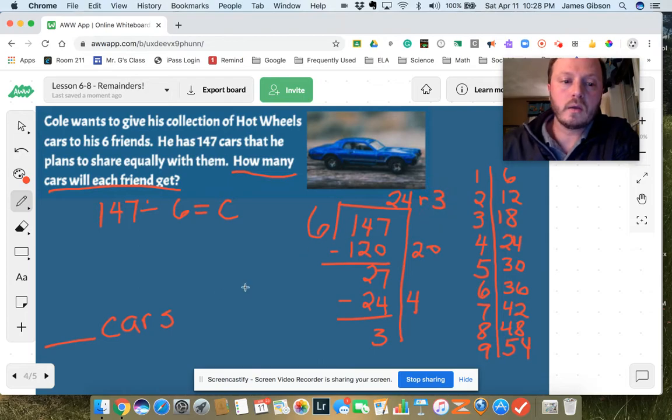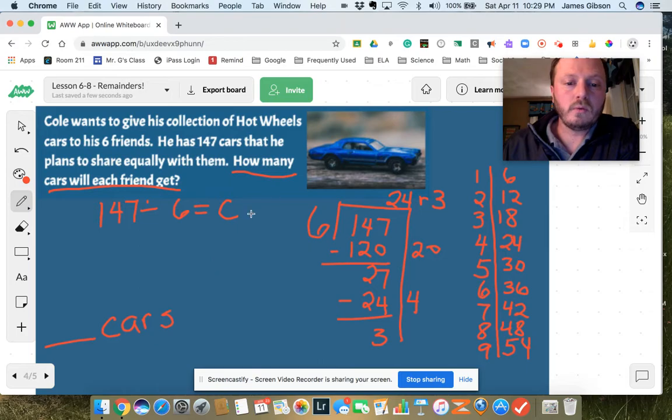But with this question, we have to ask ourselves, what do we do with that remainder of 3? Can we say 24 and 3/6 cars? Can we say 24 and a half cars? No, we can't. We can't divide them in half. Can we say that some of the friends get the cars and some of them don't? Nope, that wouldn't be fair. We're sharing them equally.